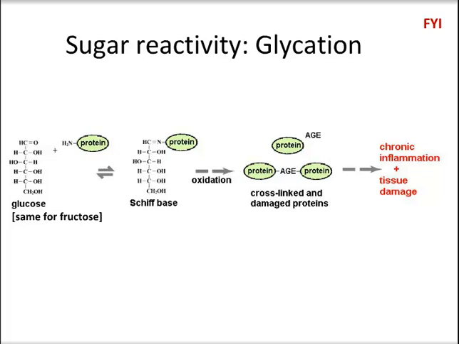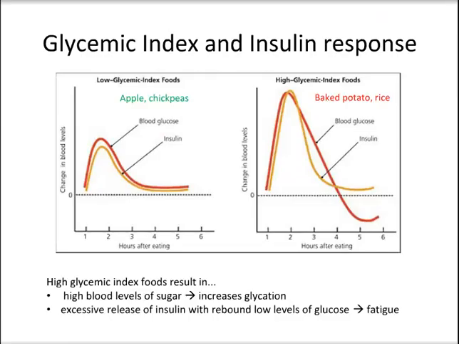The glycemic load is the product of the glycemic index and the carbohydrate content in a serving of that food. It represents the real glucose impact of eating the food.